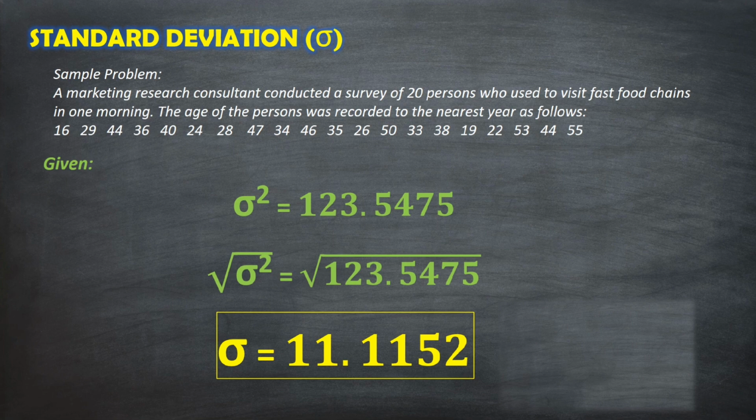If you are required to have two decimal places, you can round the standard deviation off to 11.12.